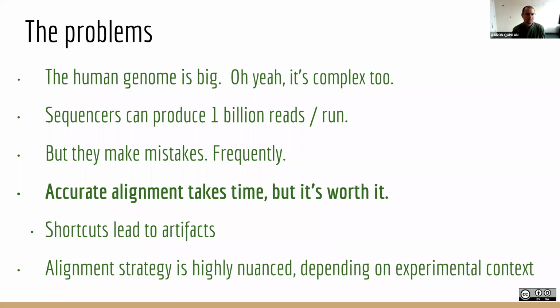The first is the human genome, but this is true really for any model organism genome. Zebrafish genomes, mouse genomes, human genomes, Drosophila genomes, they're all relatively large and they're all complex. And what I mean by complex is that they're repetitive. There's lots of the same nucleotide sequence littered throughout those genomes, and that's for many reasons.